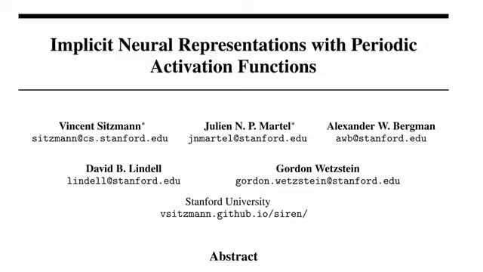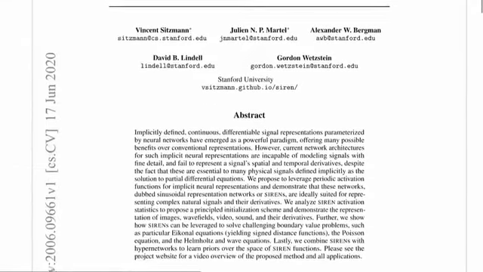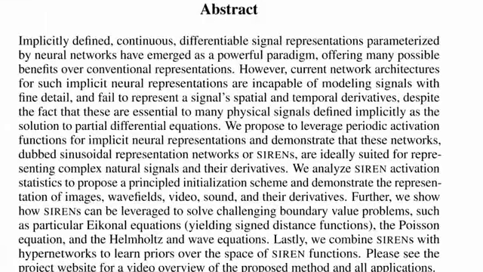They're not the first ones to do this, but they managed to do it very well using these new models called SIRENs, which are basically neural networks that have sine waves as their nonlinearities instead of ReLUs or hyperbolic tangents and so on.